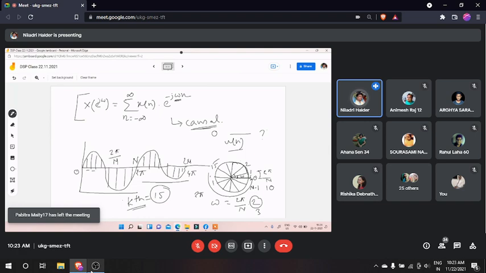This will be your kth sample. Okay. So for that kth sample, if you need to calculate ω, what will be the value of ω? For that kth sample, 2π/N into, if this is k equal to 15, then 15, or if it is defined only by k, then k.